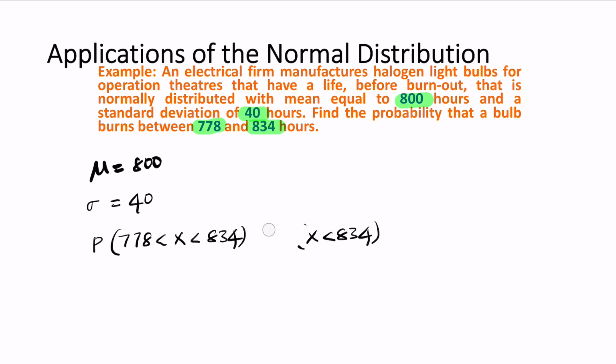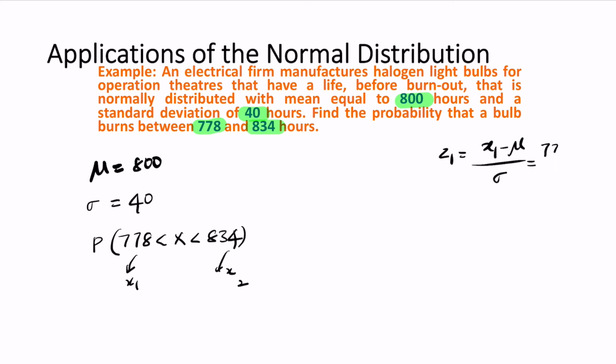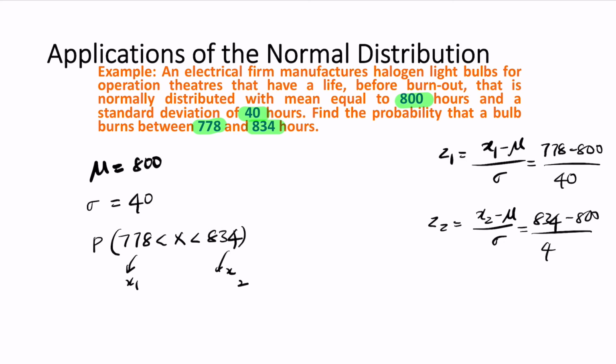So the first things first, let's try to convert. So you have two z values. This is x1 and this is x2. First find z1. So z1 is x1 minus mu by sigma. x1 is 778 minus 800 by 40. z2 is x2 minus mu by sigma, which is going to be 834 minus 800 by 40.